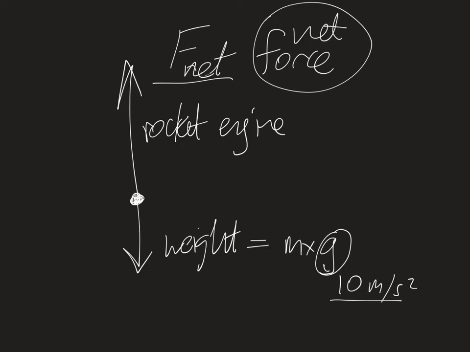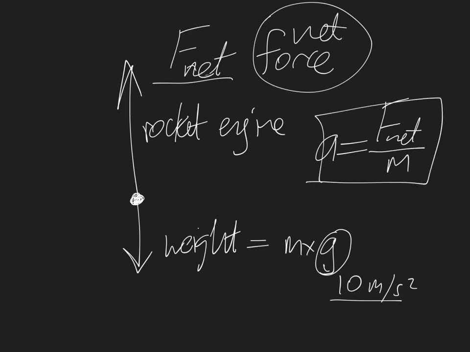Acceleration, as you've probably understood, is net force divided by mass. So in this equation, if we can make the net force as big as possible, we can have a greater acceleration. Simultaneously, you'll see mass there again. If we can make the mass as small as possible, we will again maximize our acceleration.